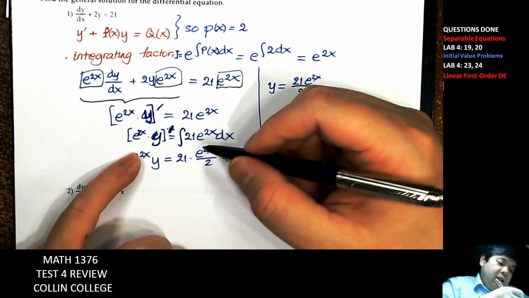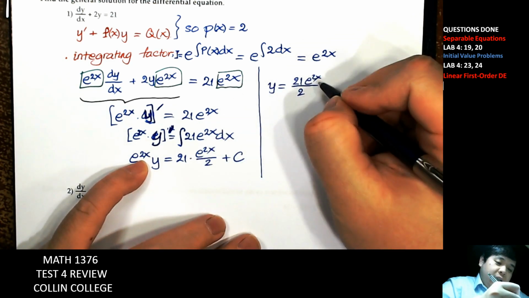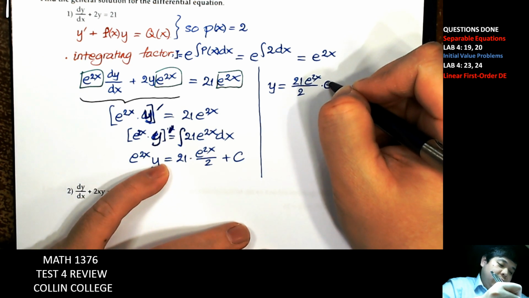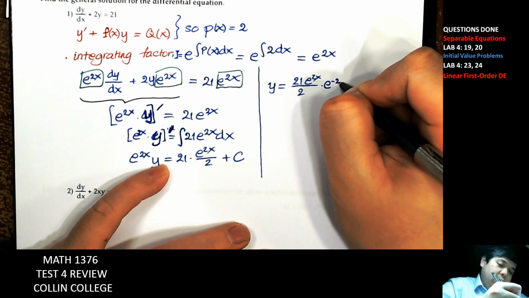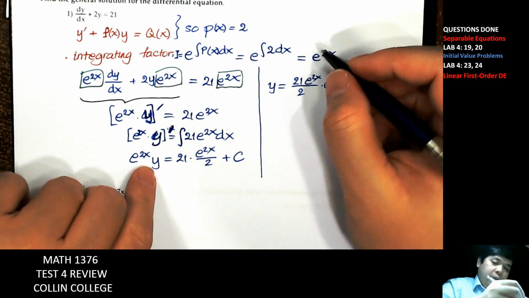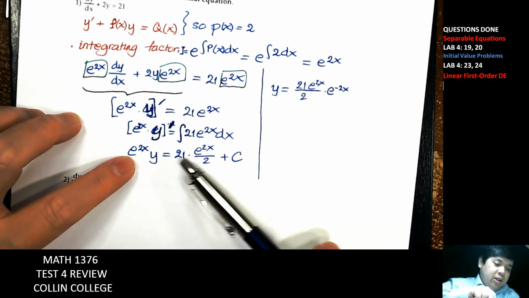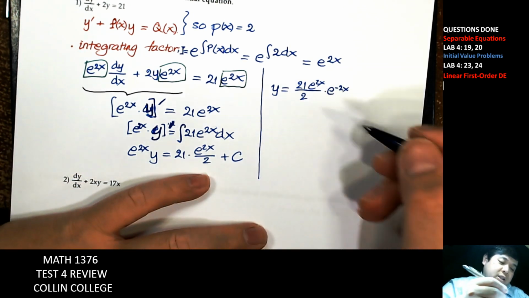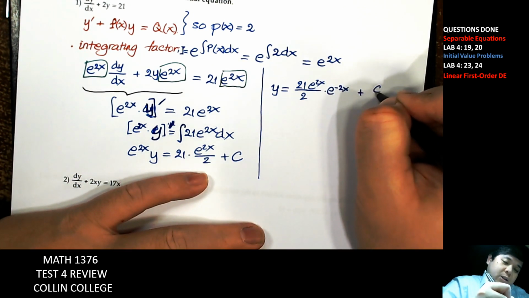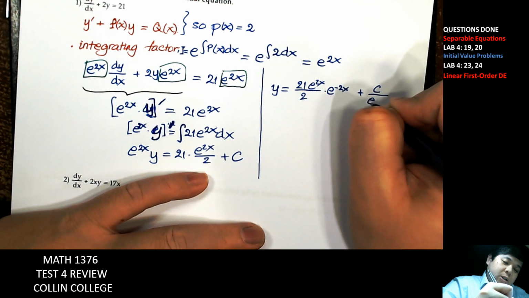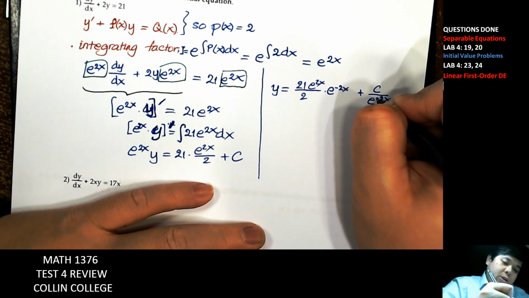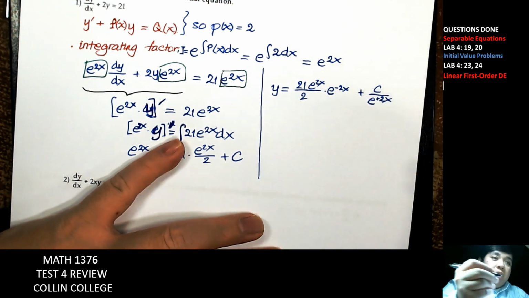Now we just have that. Now divide by e to the 2x, it's like multiplying by e to the negative 2x. So from here we divide e to the 2x on both sides and end up with this. So that's actually a plus.